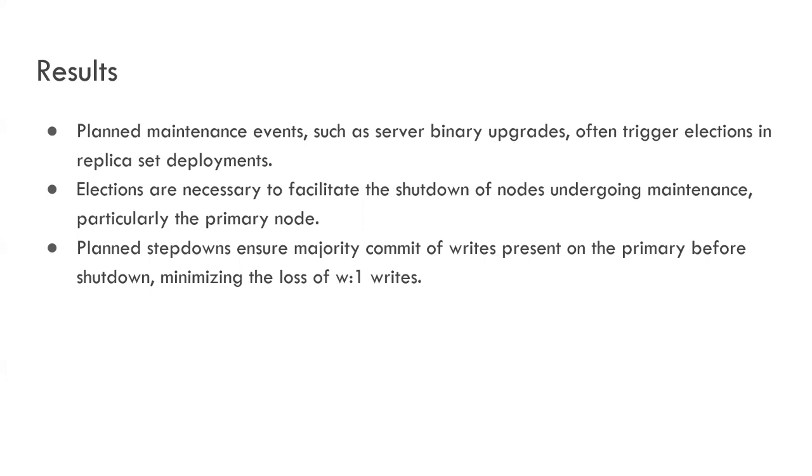In such cases, an election becomes necessary because the node undergoing maintenance, for example the primary, may eventually be shut down. However, a planned step down will wait for a majority of replica set nodes to catch up to the primary before the step down succeeds. Consequently, all writes that were present on the primary at the beginning of step down should become majority committed, thereby reducing the loss of any W1 writes.